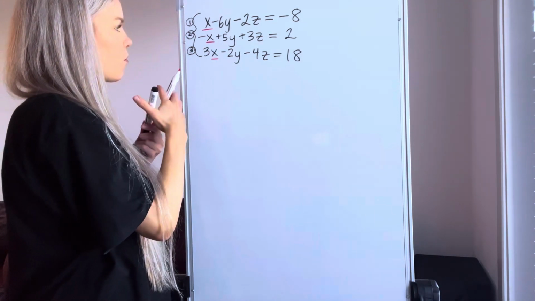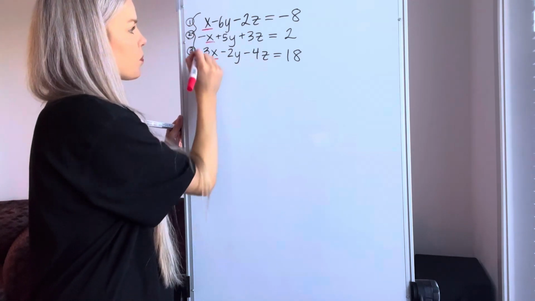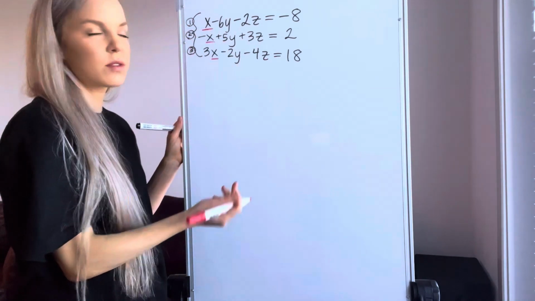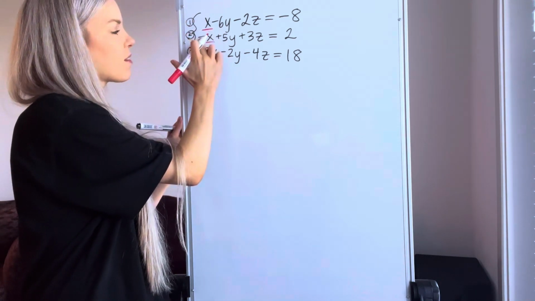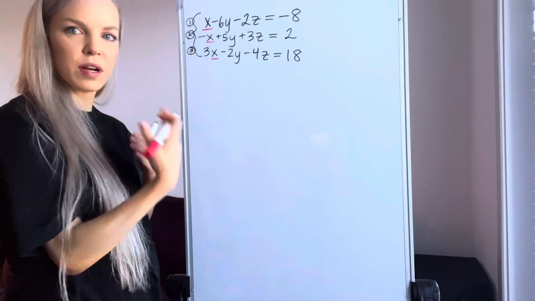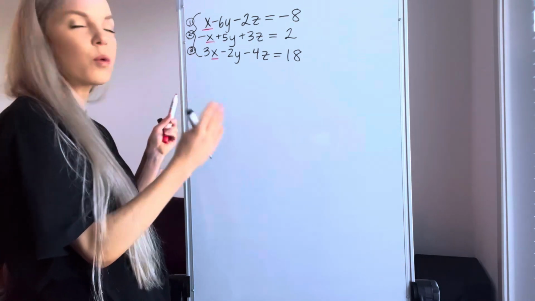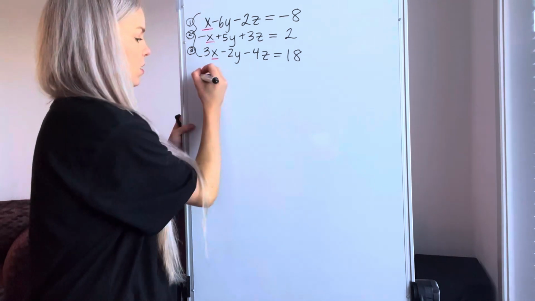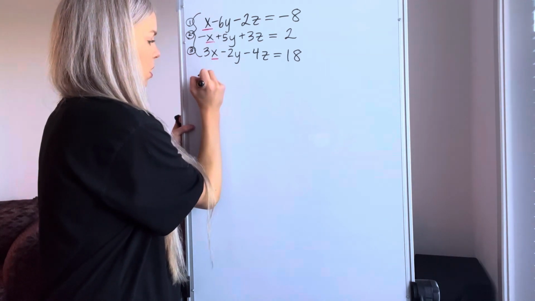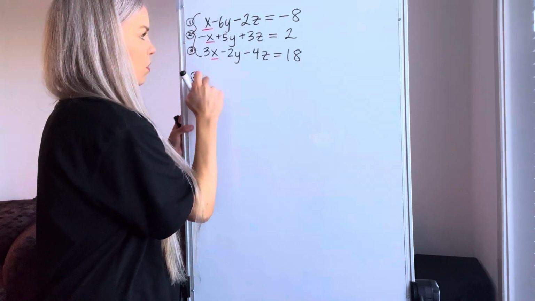If I want to cancel the x in equation 2, they're already ready to cancel. I have 1x and then I have a negative 1x. When I add those together, they cancel each other out and add to 0. So I don't have to do anything to equation 1 or 2 to make that cancel. I'm going to write down equation 2 and equation 1 right here.